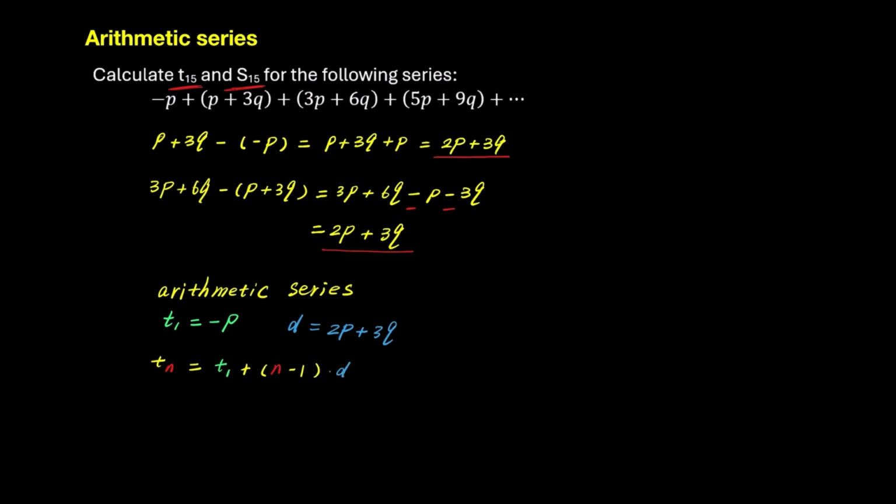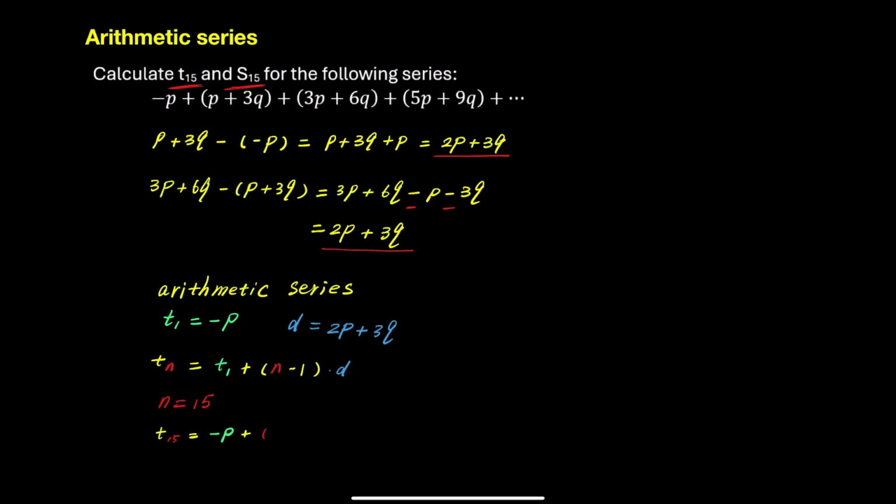For the 15th term, n equals 15. Let's plug in the values into this formula. T15 equals t1, which is minus p, plus (15 minus 1) times d, which is (2p plus 3q).